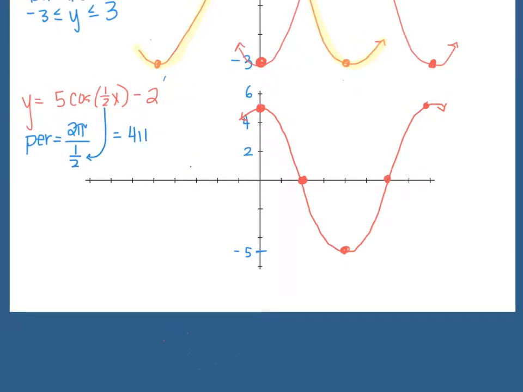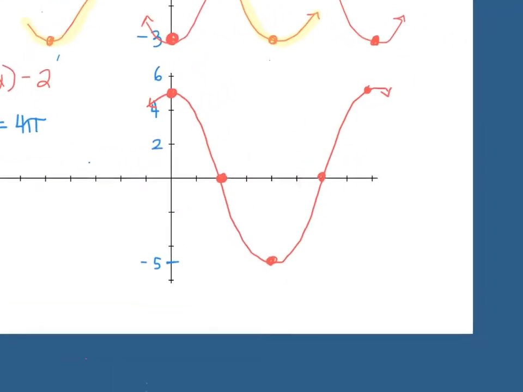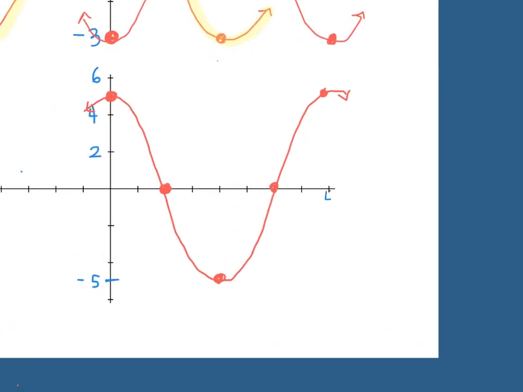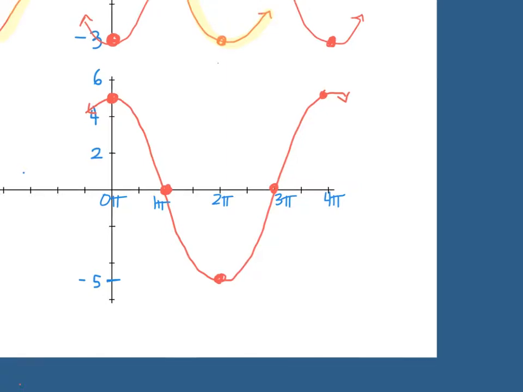So my cycle should end at 4 pi. So let's label that appropriately. So 4 pi, 0 pi, 2 pi in the middle, 1 pi, 3 pi. Okay, so we've done the normal graph, we've adjusted our scale, no reflection. Now we're ready for the translation.